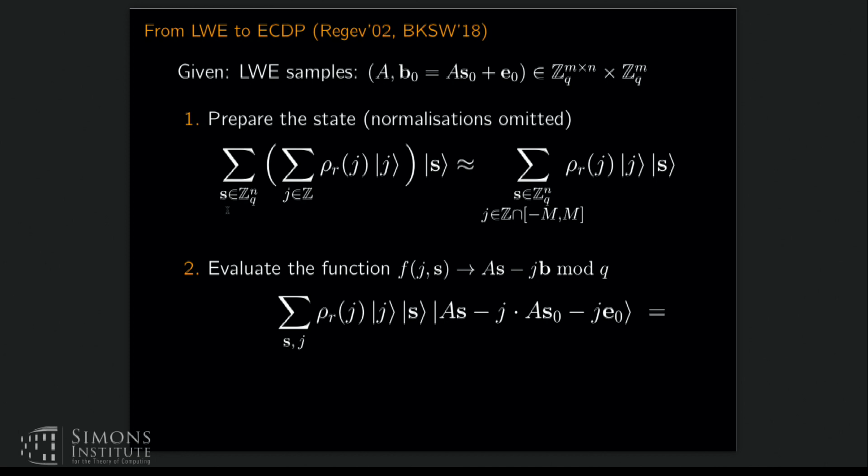So I know these two guys. These come as the input to my function from these two states. And I put it here. Now observe what happens on this part: I can just say that this will be my new S, which will be just A S minus J times S0.